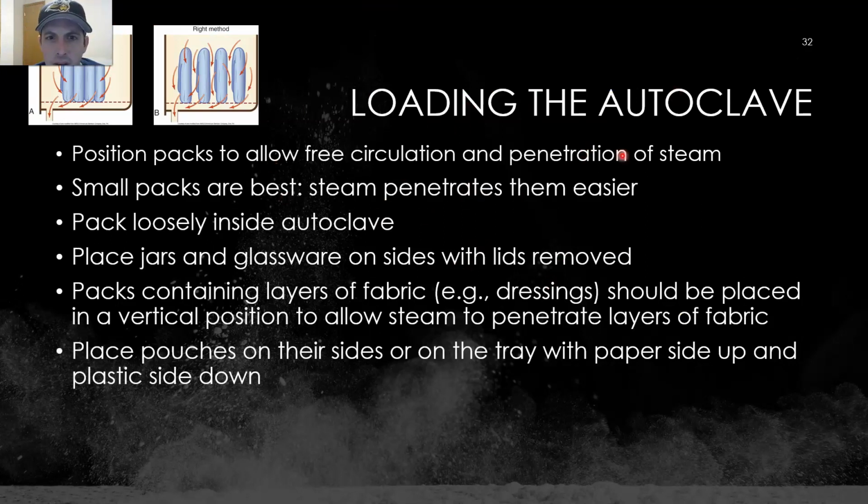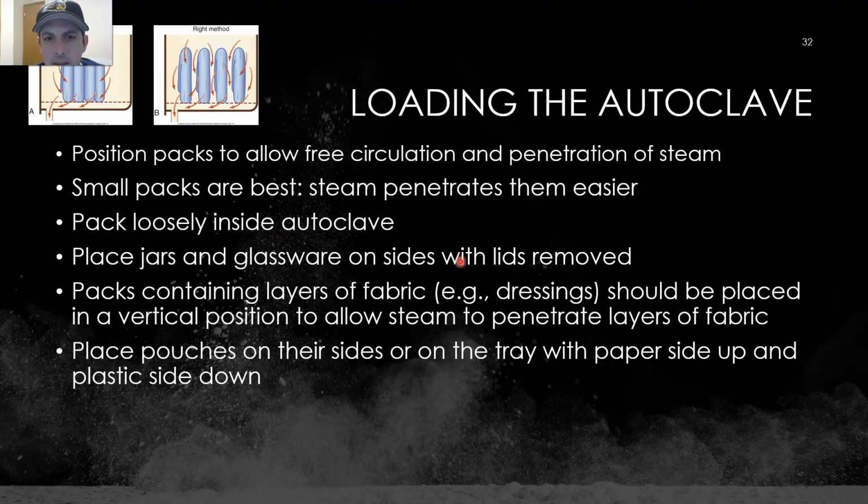Loading the autoclave, pretty simple. You need to load it in a way where steam can penetrate easily, so smaller packs are better. You need to loosely pack the autoclave so steam can get in between. If they're all bunched together, obviously steam can't get in between, so it's harder.